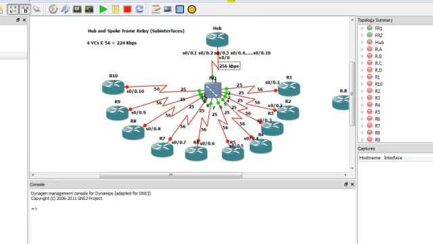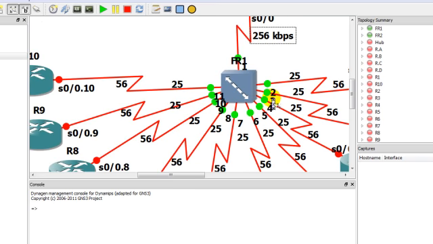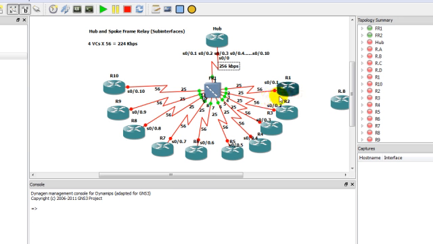This serial interface is 256 kilobits per second, and each serial interface here is 56 kilobits per second for the 10 routers. This is the actual, or physical, bandwidth for each serial interface here. But be careful, I have here just 256 kilobits per second.